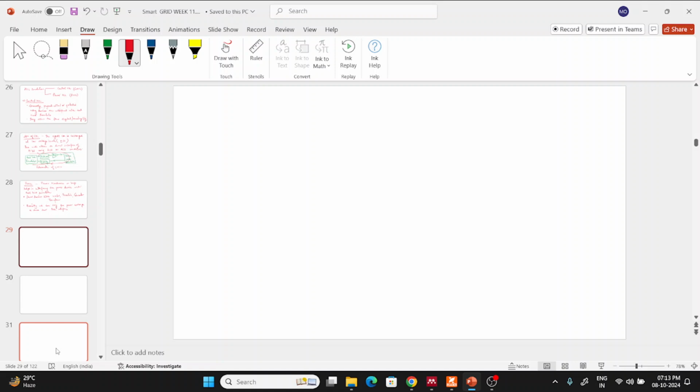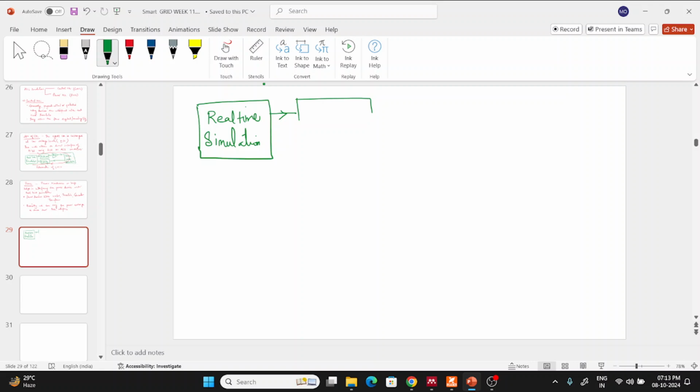Now comes, so how does it interface? There is one real time simulation, then comes the scaling because the power is scaling. Then after that, any converter is applied.